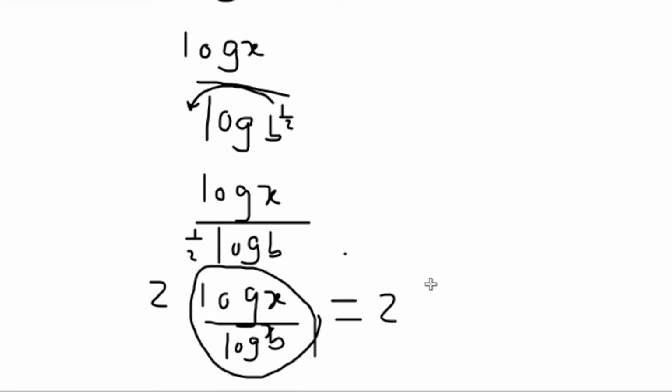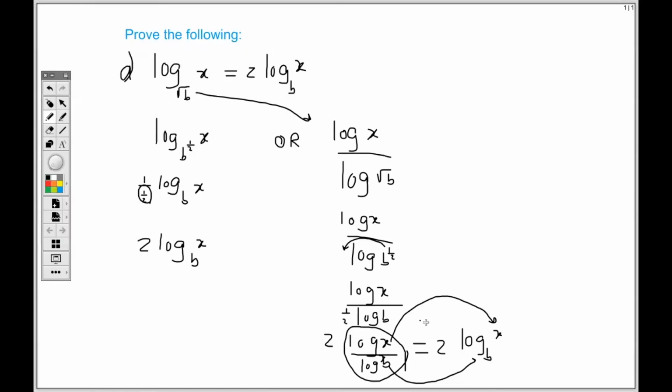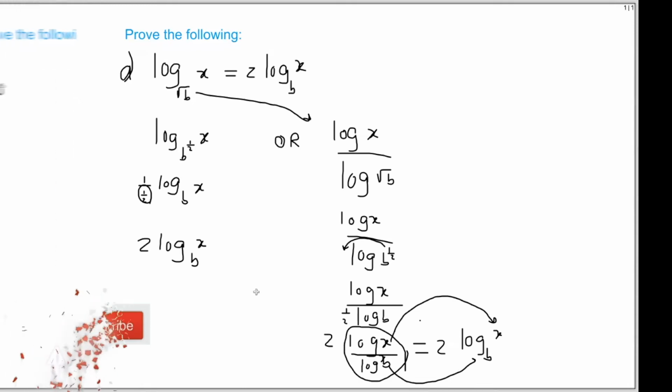So I will have 2, then I write the log once, and x is the argument, so I will have it beside the log, and now our new base will be b, so b will be in the denominator. So I'm moving in reverse, and if you realize, both methods that I've chosen have given me the correct answer, which is proving that log base root b of x is equal to 2 log base b of x, and that's it.